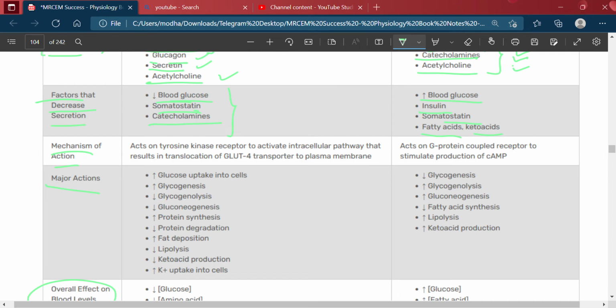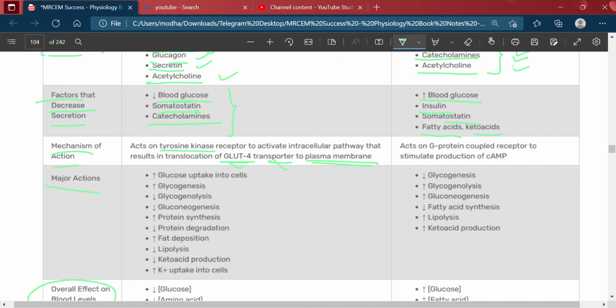For the mechanism of action, insulin acts on the tyrosine kinase receptor to activate an intracellular pathway that results in the translocation of the GLUT4 transporter to the plasma membrane.